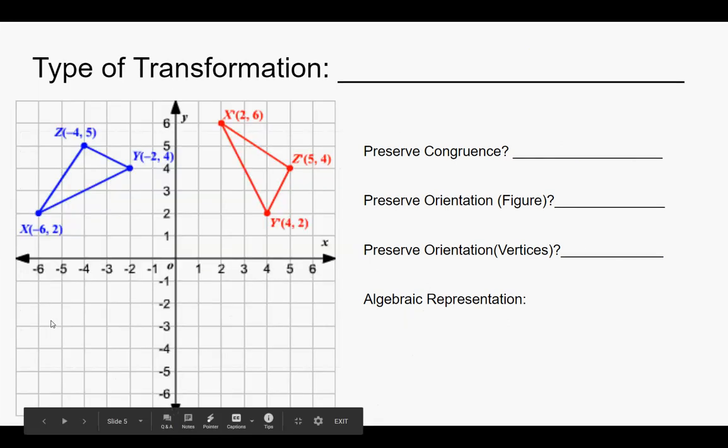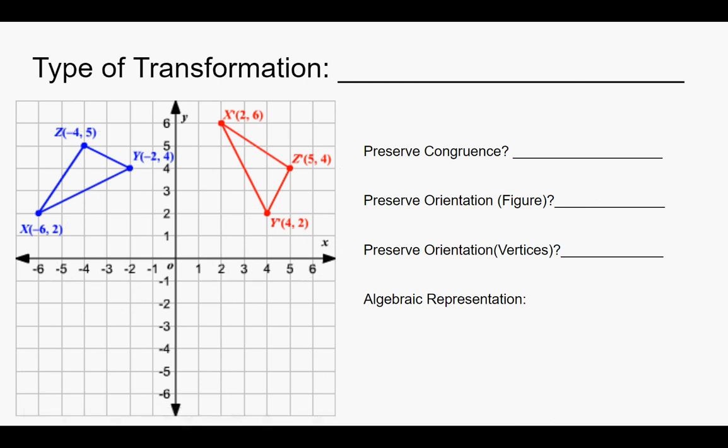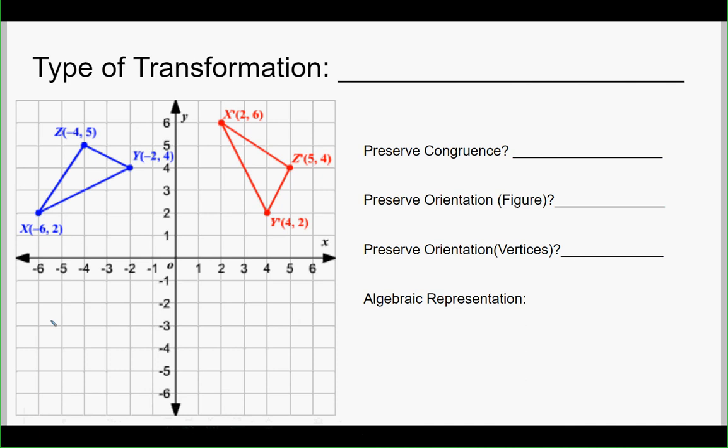Okay, but you've got to write those coordinates. Now we have one more, the last one. What type of transformation is this? It is a rotation. And what's another word for rotation?